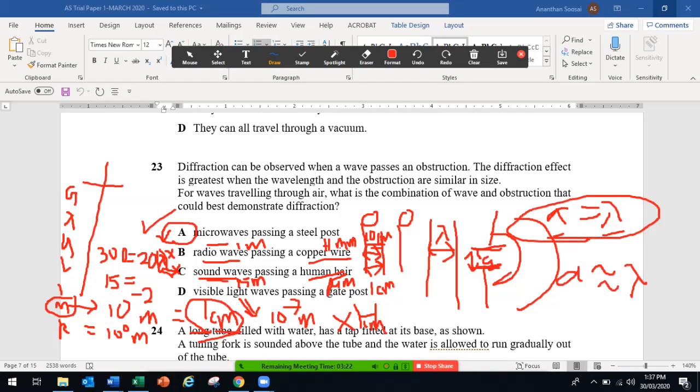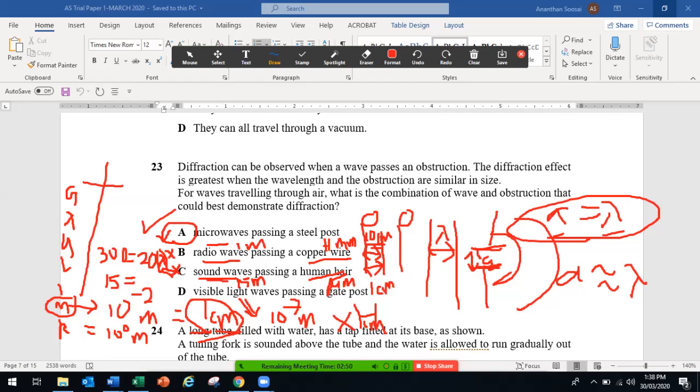Okay, so the biggest diffraction happens for A among B, C, D. But if they do this experiment, microwave, radio wave, sound wave, visible light, all comparing with the steel post, which diffracts the most? The one with the longer wavelength.